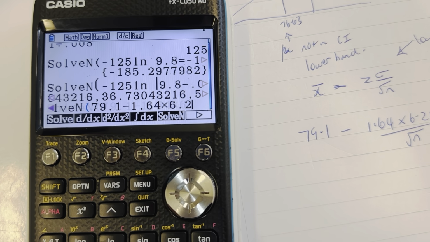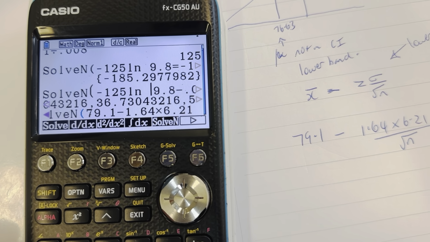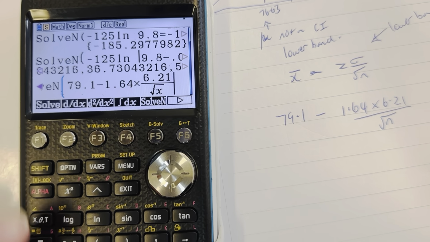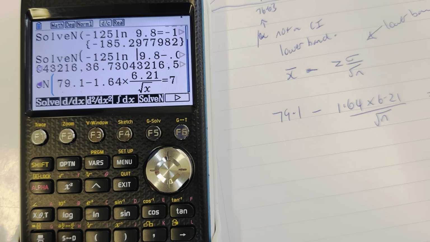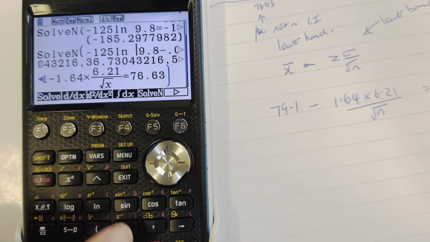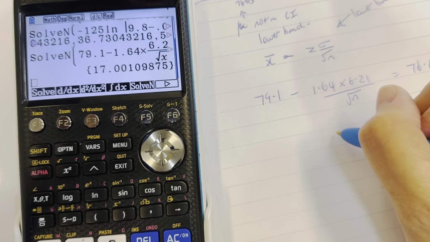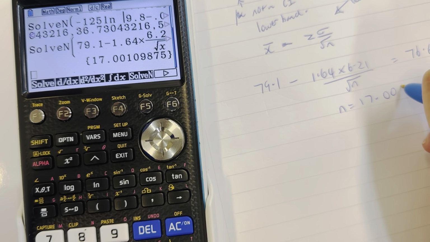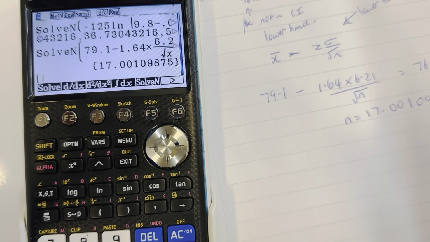Times 6.21 over shift square root of my x, shift equals 76.63, close brackets, exit, and we get n equals 17.00109.